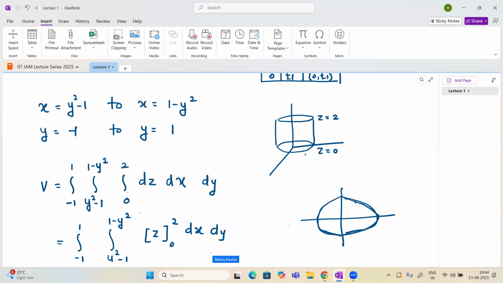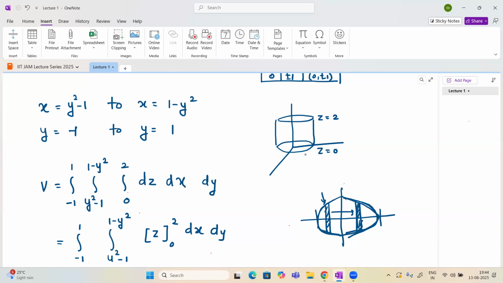If you take a vertical strip, it moves from left to right. At this position, the strip is bounded below and above by this parabola. But when it reaches this region, it is bounded above and below by a different parabola. So you cannot solve this integration.